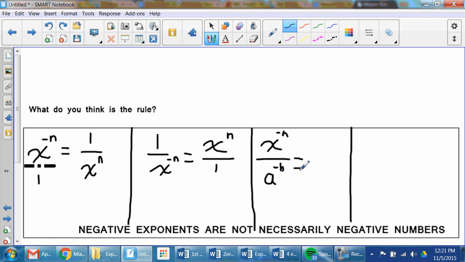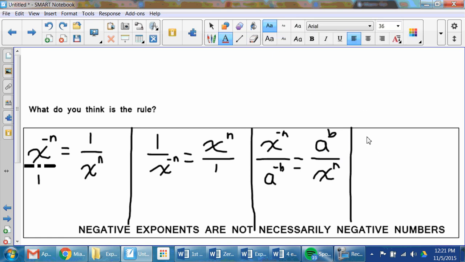That equals them flipped, so that would be a to the positive b power over x to the positive n power. Whenever they flip over the division bar, they turn positive.